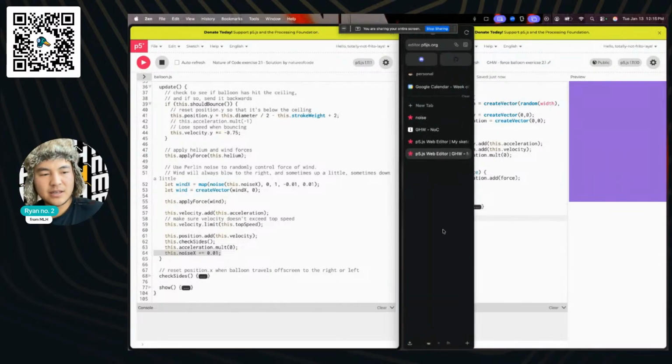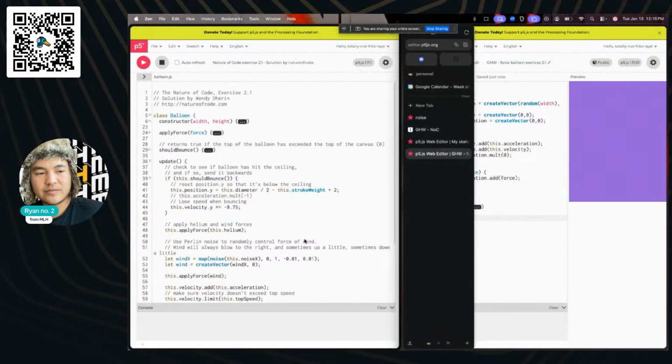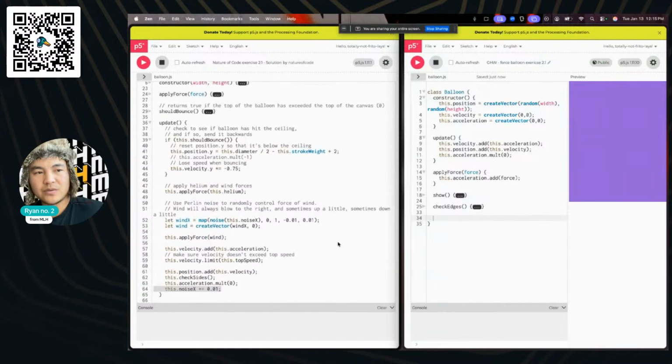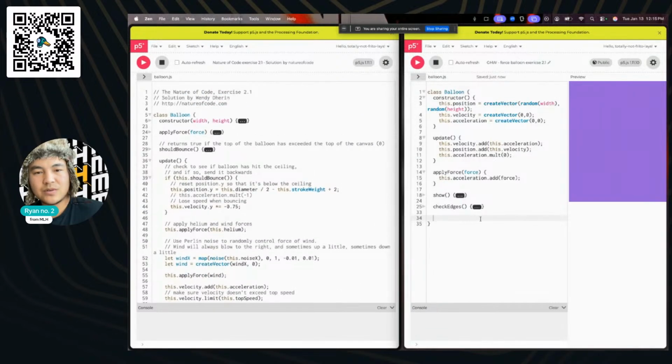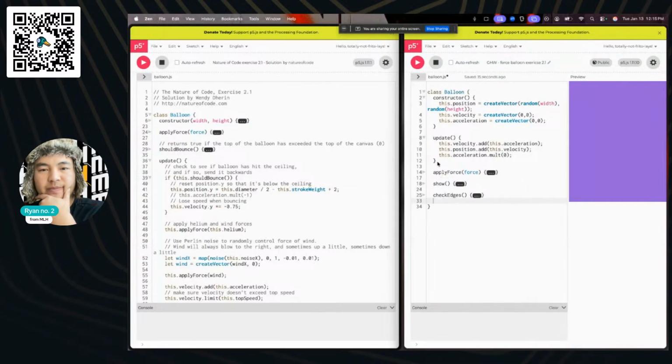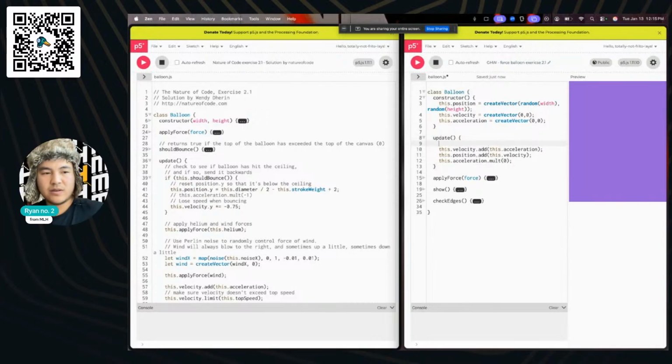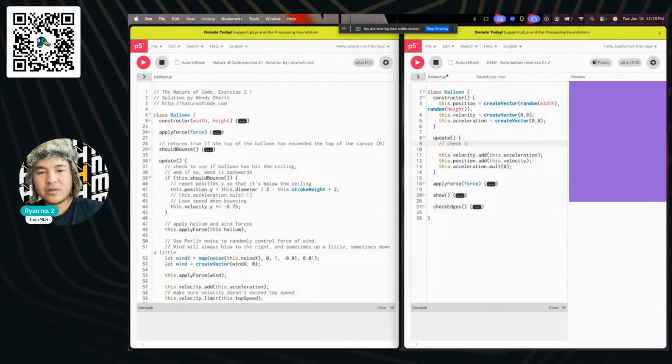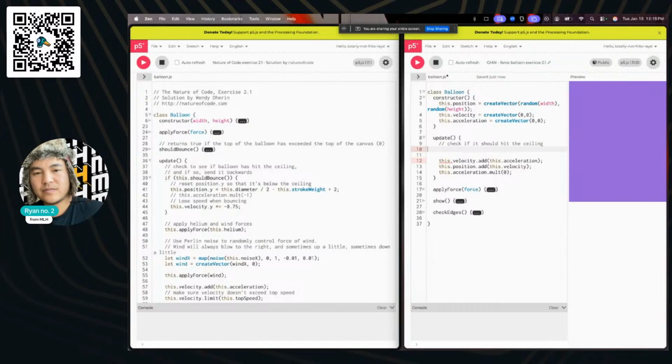And then let's add in a function to, let's see, what's the best way to do this? I guess we can just hop into doing the update function now. Check if it should hit the ceiling. If this dot should bounce.